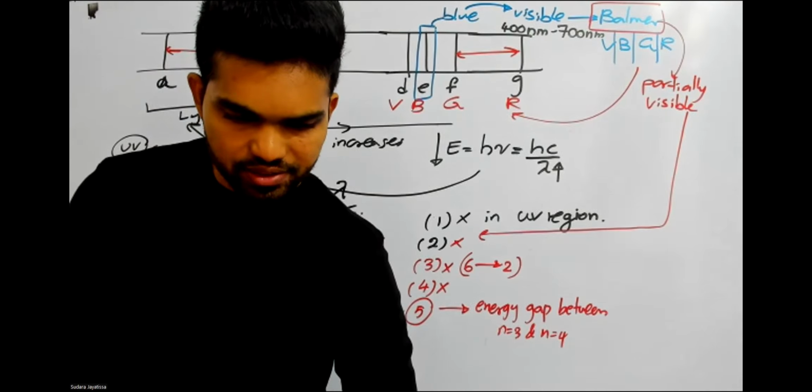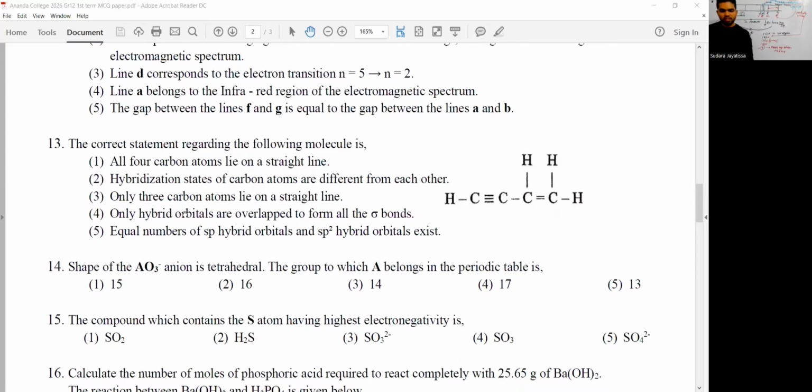Let's go to the next question, 13. The correct statement regarding the following molecule is, so an organic molecule is given. Anyway, don't worry. We only refer here to the bonds.